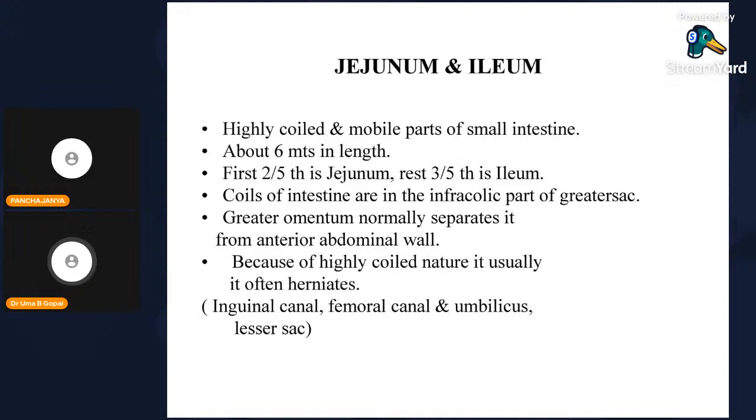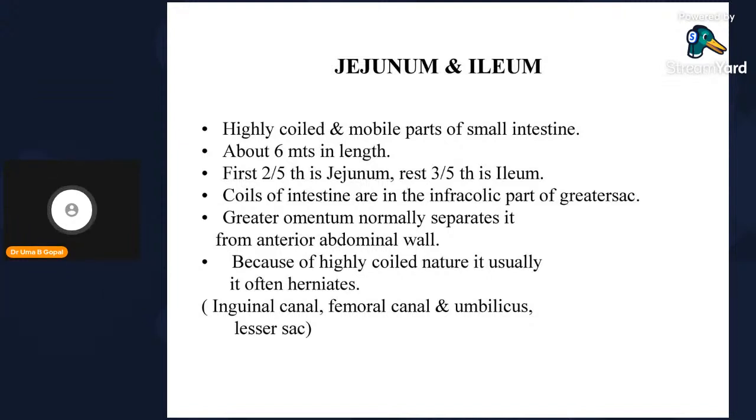Related to position, the jejunum occupies the upper left intestinal area, and the ileum occupies the lower right intestinal area. This is the anatomical difference between the position of jejunum and ileum.